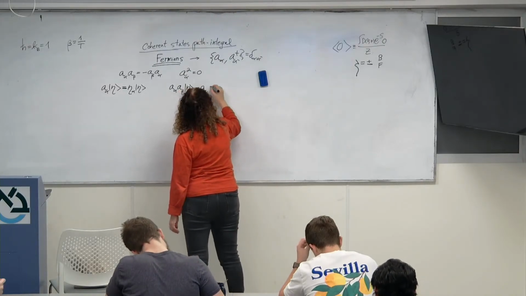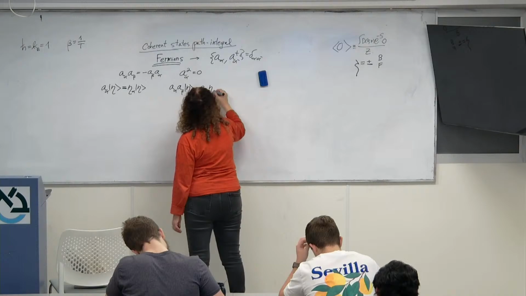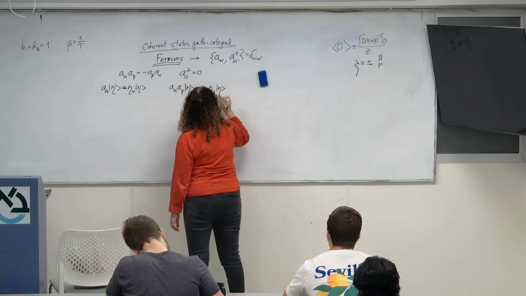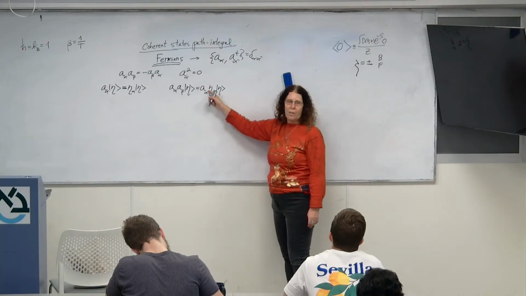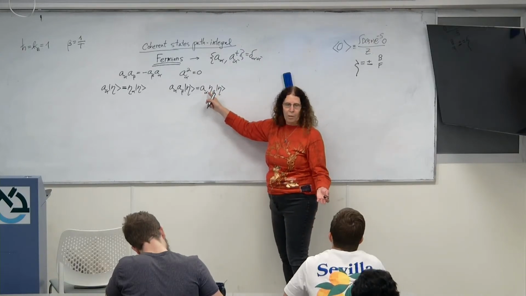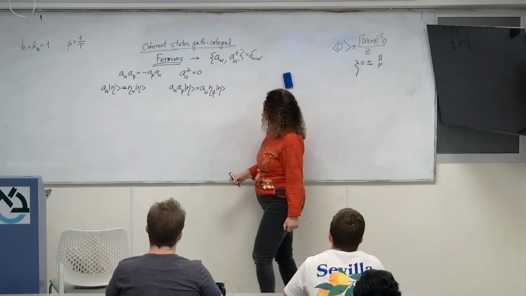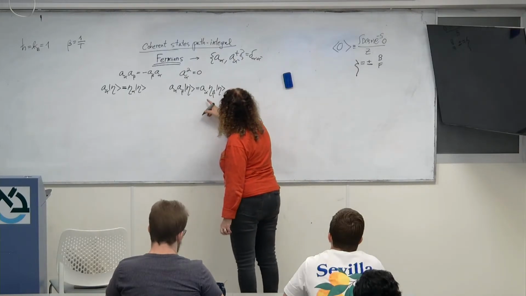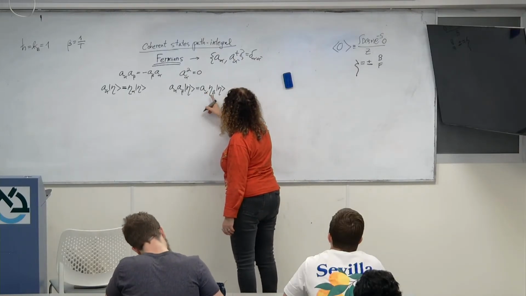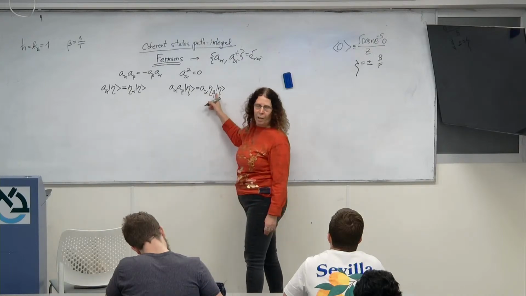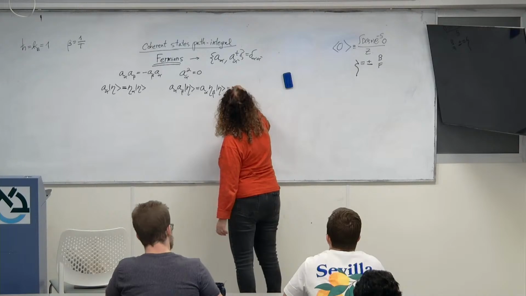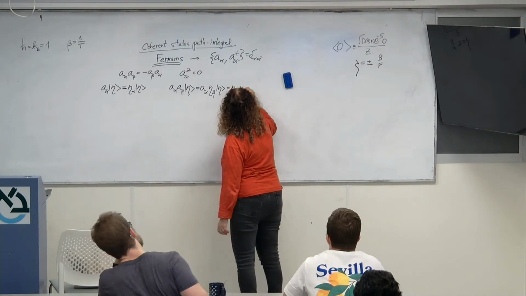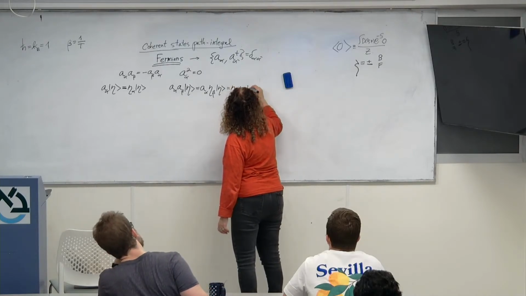And I get eta beta times eta, the same state, and eta is a number, so I can move it around, and then I apply A alpha on eta, and I get eta alpha, right? So I can write it like this.